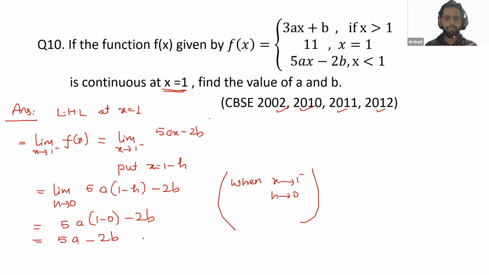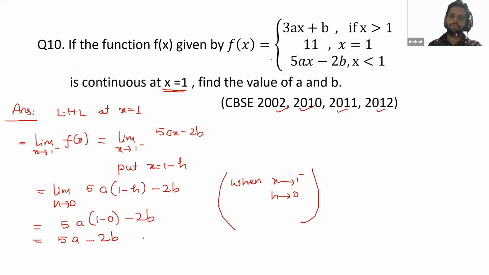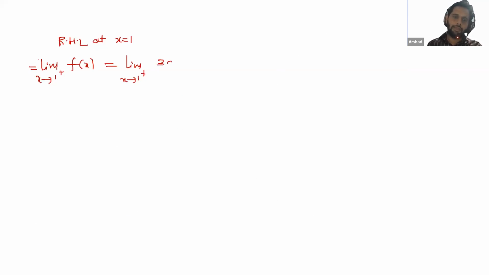Okay, great. So I'm going to start the RHL. RHL at x is equal to 1. So this is limit x tends to 1 plus f(x). For RHL, we will use the first function 3ax plus b. Now put x is equal to 1 plus h. So here we will get limit, and the bracket always right, when x tends to 1 plus, h tends to 0.